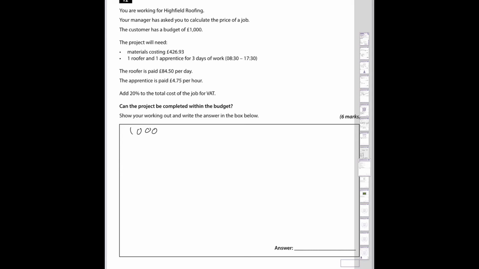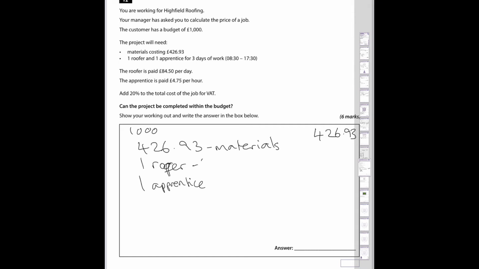So the project will need material costs, £426.93. Okay, so let's put that number over here, £426.93. One roofer and one apprentice for 3 days.